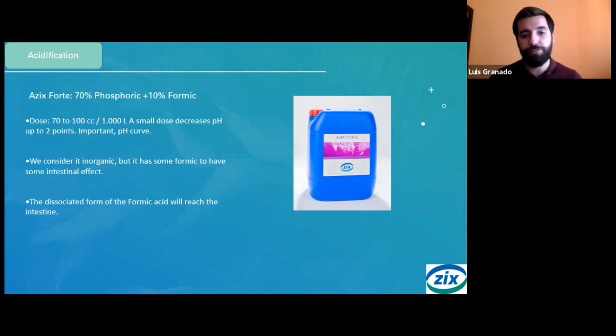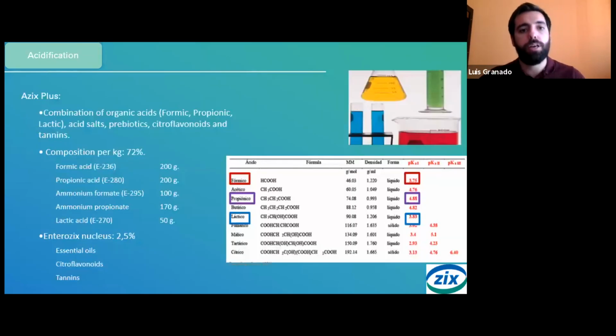But again, if you are looking to improve the intestinal health of your animals, then the results will be much better with ASICS Plus, which is based in organic acids. So ASICS Plus is a combination of organic acids, formic, propionic, and lactic with their conjugate salts, right?